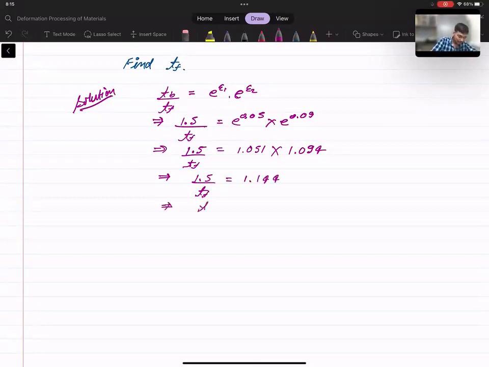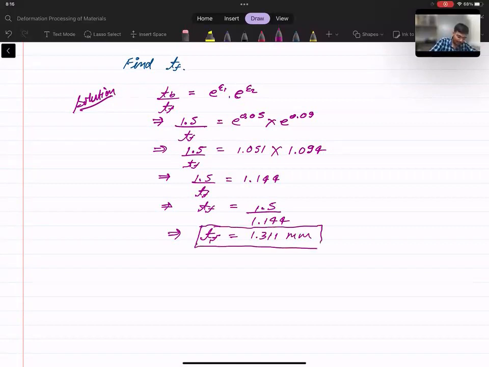So from here we can find TF as 1.5 over 1.144, and this gives us TF as 1.311 mm. So using that second relation, we have found that if the initial blank thickness was 1.5 mm and the true strains developed were 0.05 and 0.09, then the final thickness which will be achieved is 1.311 mm.